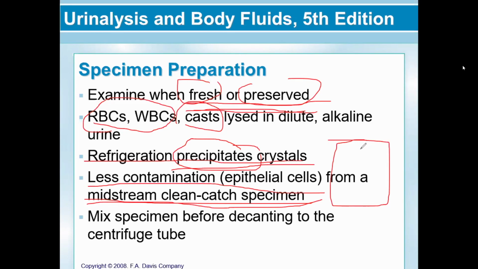We make sure na mag-mix yung specimen, kasi baka seated siya for a while, baka 15 minutes na siya nasa countertop, nagsettle na yung mga formed elements sa ilalim. So bago mo i-centrifuge, i-mix mo siya para magkaroon tayo ng equal distribution ng mga formed elements. Then after that, we centrifuge.